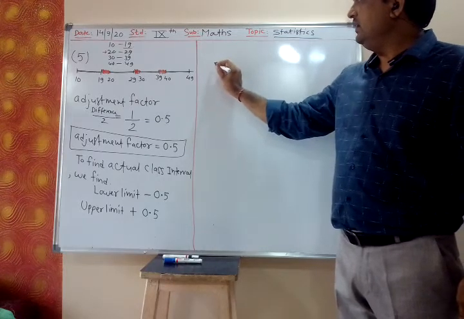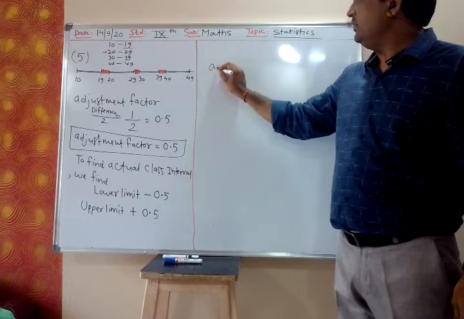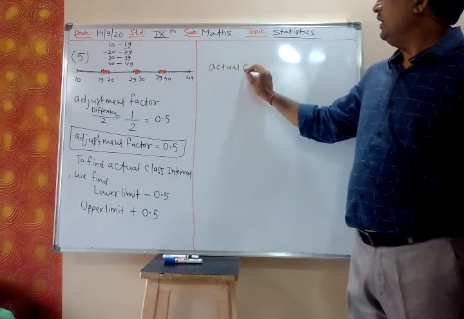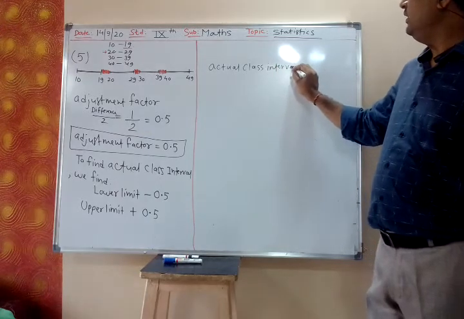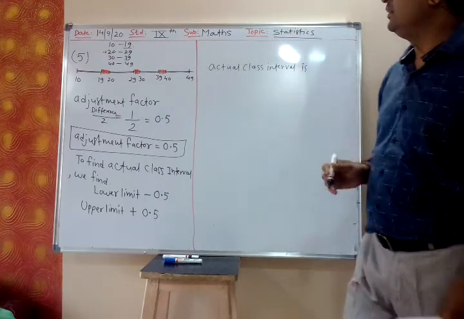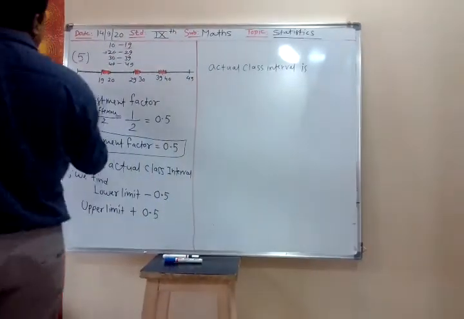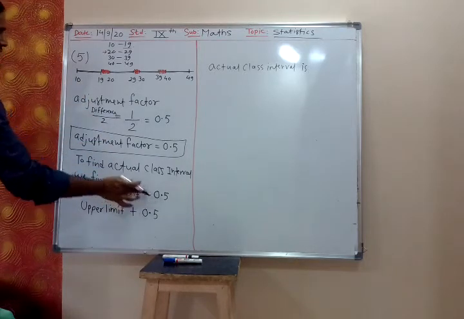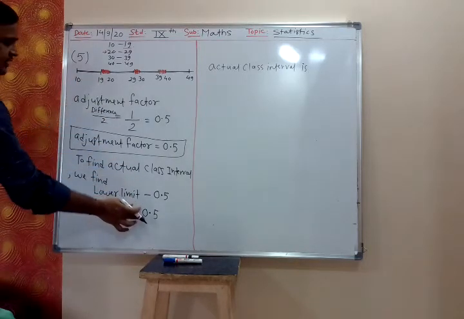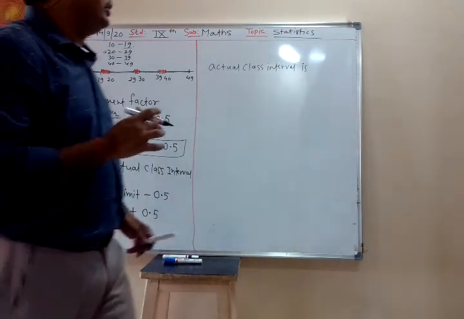So now we find the actual class interval. What will you do, tell me. For 10 to 19, this is my lower limit, this is my upper limit. So from the lower limit you will subtract 0.5, to the upper limit you will add 0.5. So what is the actual class?